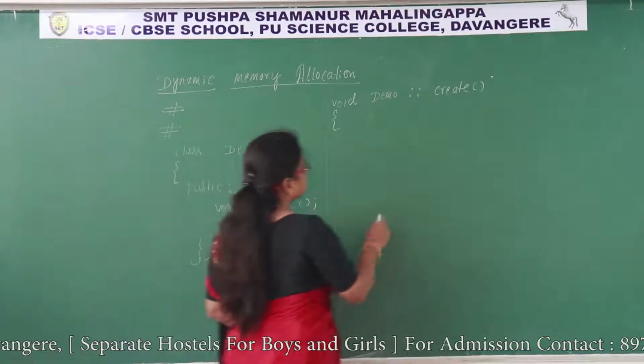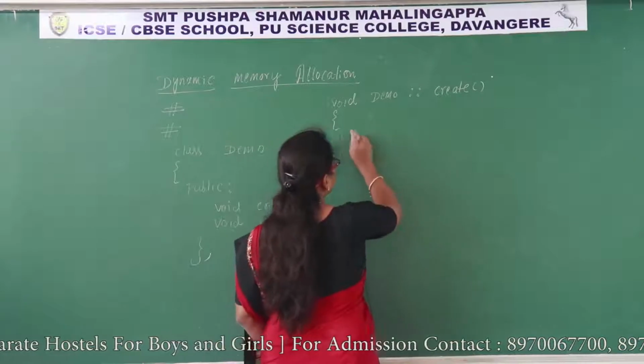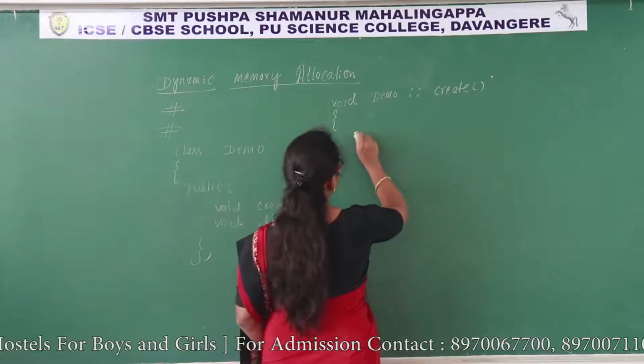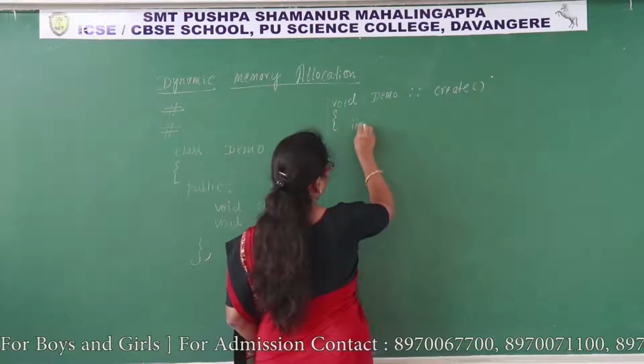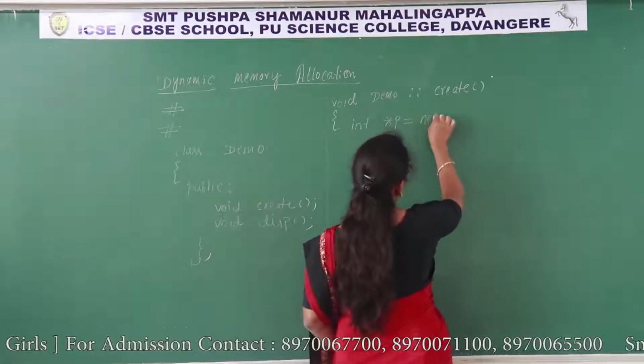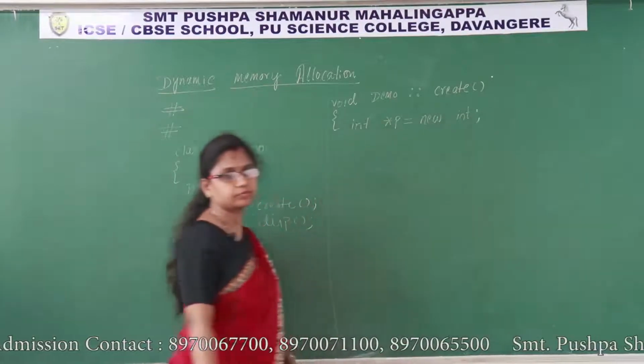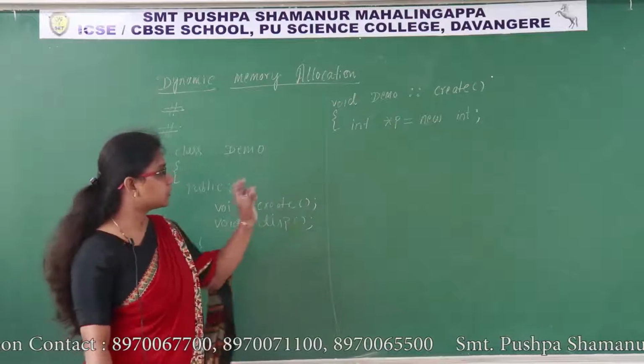I'll create integer memory dynamically, so that instruction I'll write in this function. Int star p is equal to new int semicolon. So what happens here?